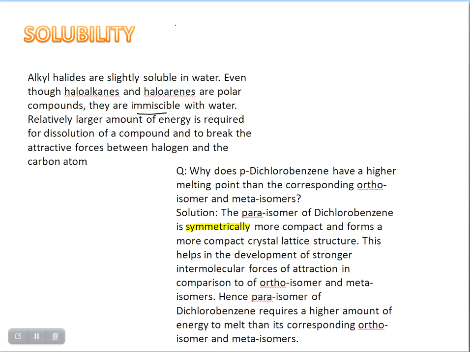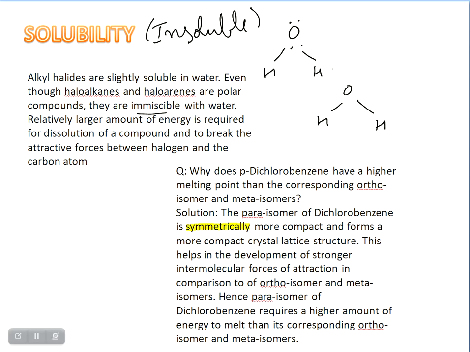Next part is solubility. They are immiscible, they are insoluble. Why? I can explain with an example. This is a water molecule, and this is also a water molecule. They will form a hydrogen bond, because oxygen is electronegative, so it attracts electrons and forms a hydrogen bond.